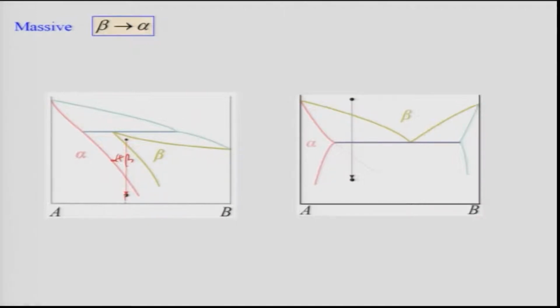This is seen in many cases, this is in peritectoid systems. You can also have such a transformation in a eutectoid system like beta going to alpha, although you should have gone to alpha plus beta, but this is metastable. Remember that, because we are extending this line as a dotted line in the phase diagram, that is equivalent to a metastable system. So you can also have a supersaturated alpha forming out of beta.